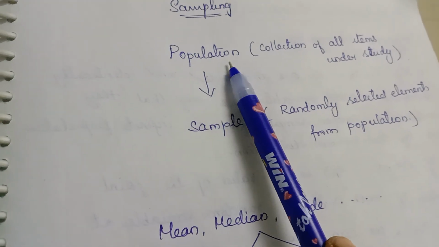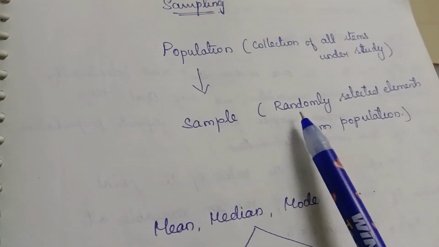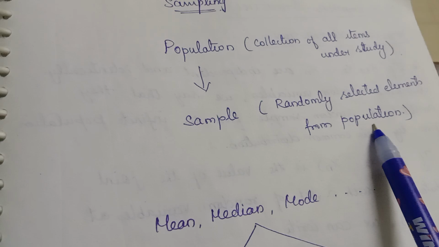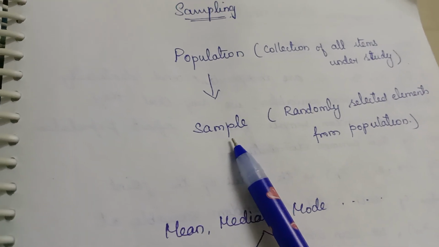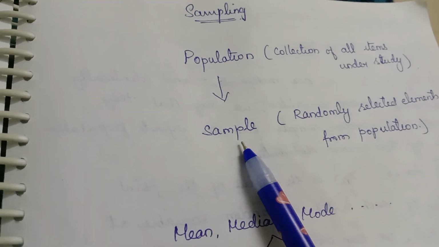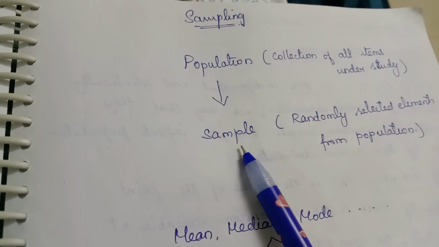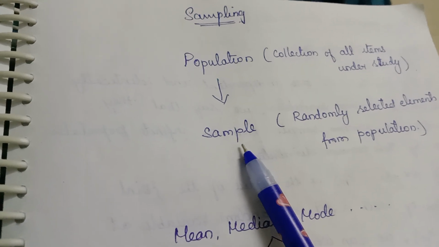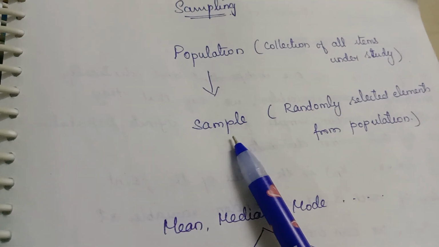Then from that population I am drawing a sample. Sample means randomly selected elements from the population. I find it difficult to collect the entire data from the population, so for my convenience I select only a few students. It may contain 100 or 200 or 300; the sample size may differ as per my convenience.